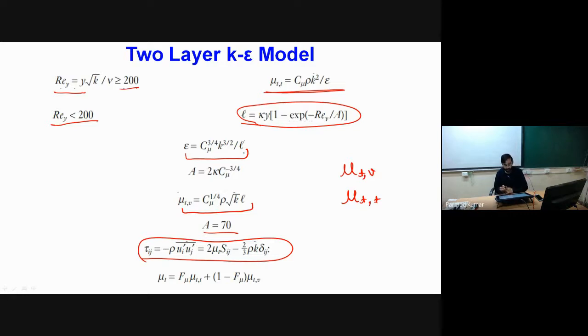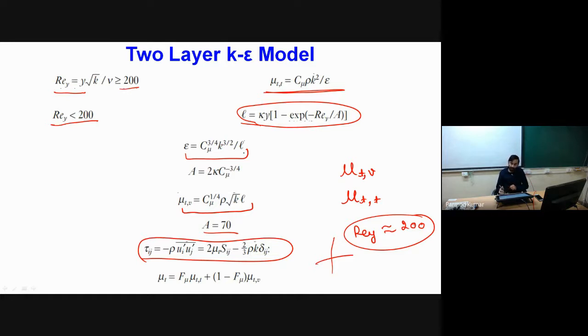Now near the transition boundary, Re y nearly equal to 200, if we are not accounting for a smooth transition of this turbulent viscosity, then obviously there will be some jump condition, and that jump condition may lead to numerical instability.